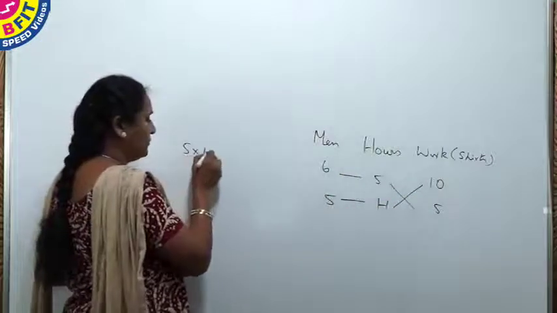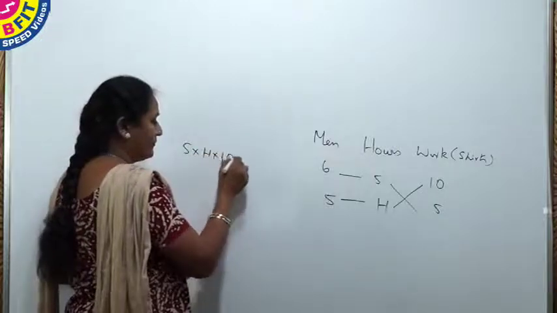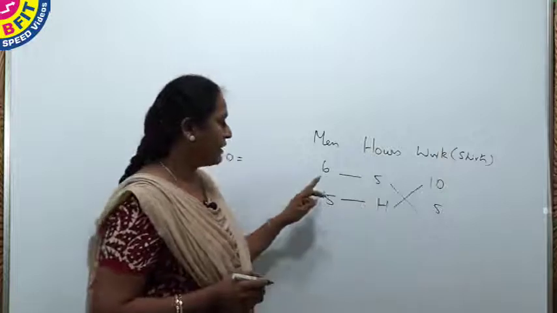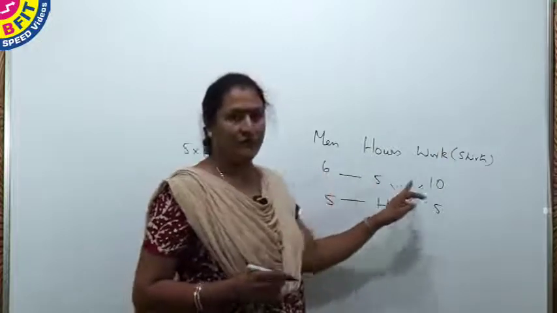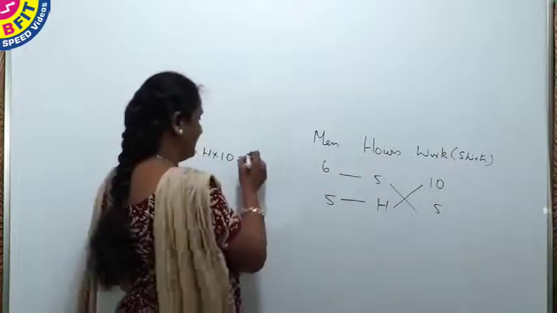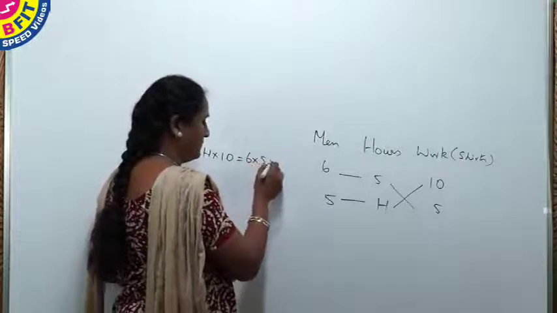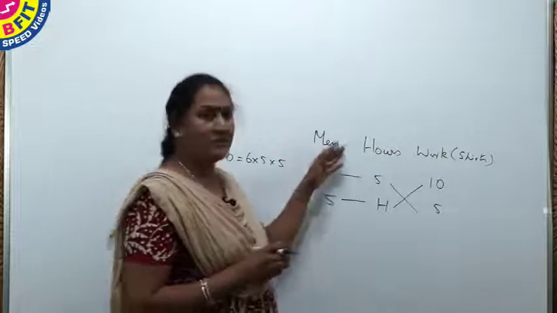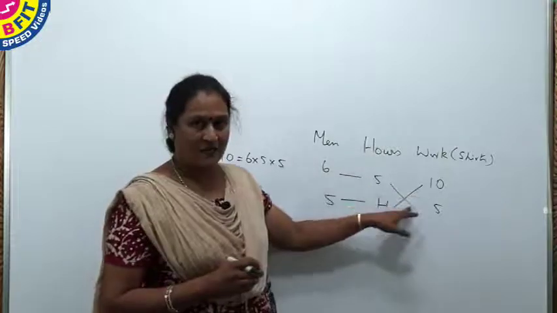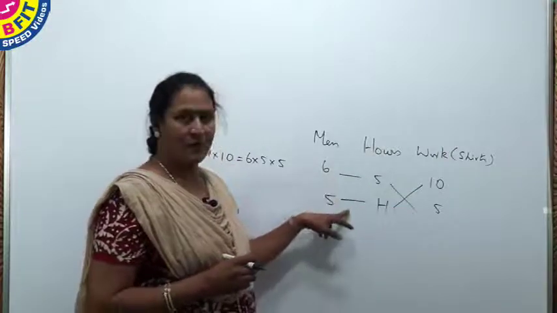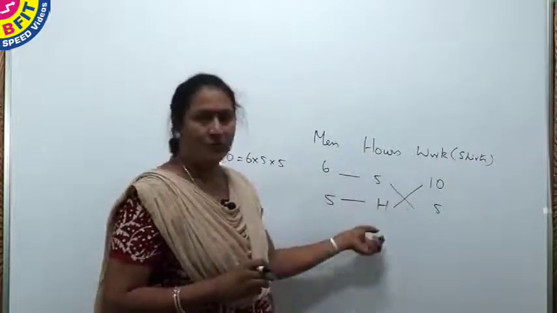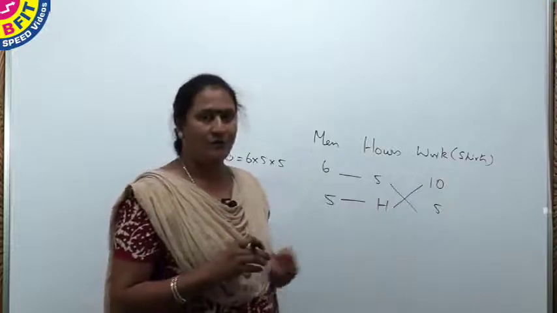So 5 into h into 10 will be equal to the product of 6 into 5 into 5. So merely by knowing whether the variables vary inversely or directly, you can take the parallel products and cross products and equate both. You can find whatever is asked. Here the number of hours is asked.